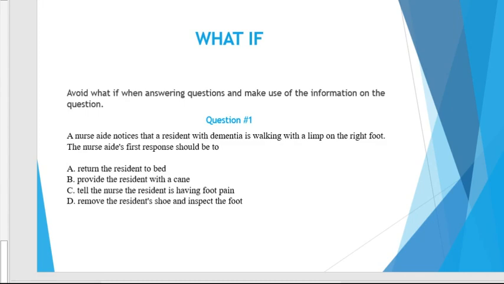Maybe you have a question that says, let's assume, in the dining room, Miss Jones refused to eat. You came to pick up the tray. You noticed that Miss Jones didn't touch the food. You didn't bother to ask Miss Jones what is going on. You didn't bother to know why she didn't eat the food.